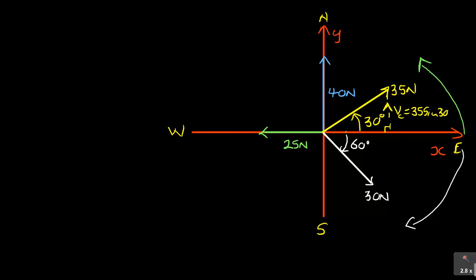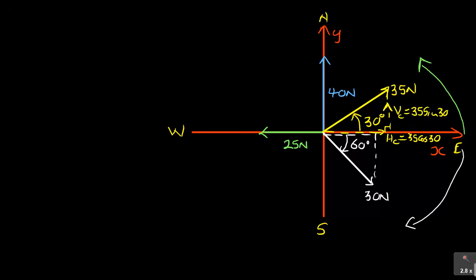And then the horizontal component, which is in this direction, will be 35 cos 30. Are you seeing that? And then the one that is white is similar, just to show the difference.